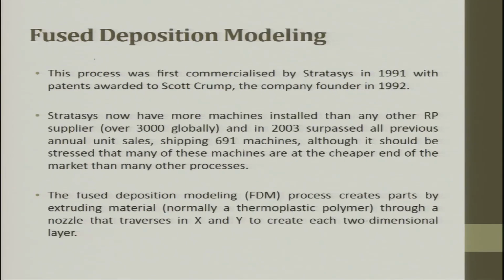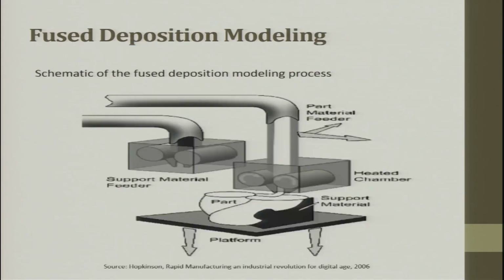The last process of discussion is going to be fused deposition modeling. So, this process almost overlaps with that of your extrusion based process. So, here we need to have a supporting material. The supporting material is separately fed, the building material is separately fed. The tension in the extrusion process is maintained by these two spools or two rollers.